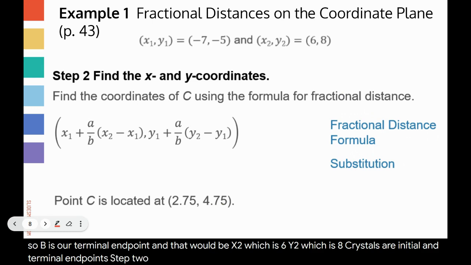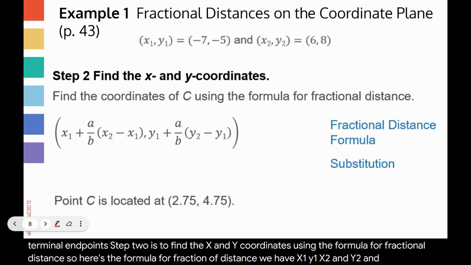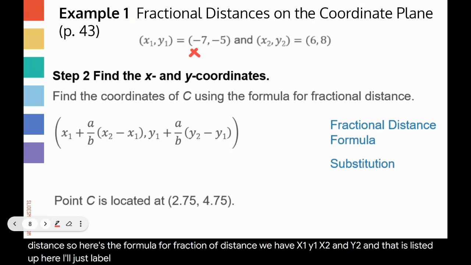Step 2 is to find the x and y coordinates using the formula for fractional distance. So here's the formula for fractional distance. We have x1, y1, x2, and y2, and that is listed up here. I'll just label it again: x1, y1, and then x2, y2.